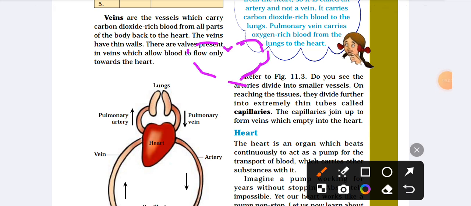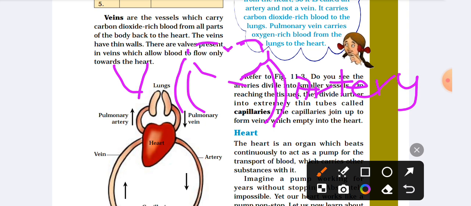This is the heart and this is the artery. And this is the vein. What is the difference between them? Let's suppose these are the lungs.